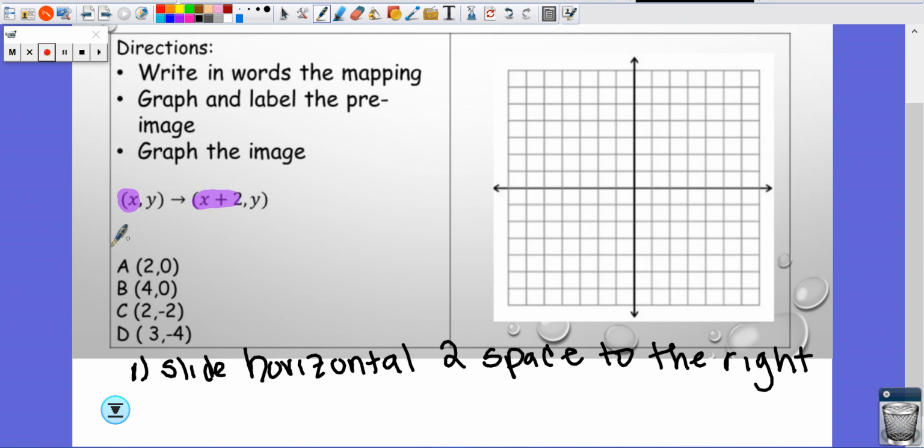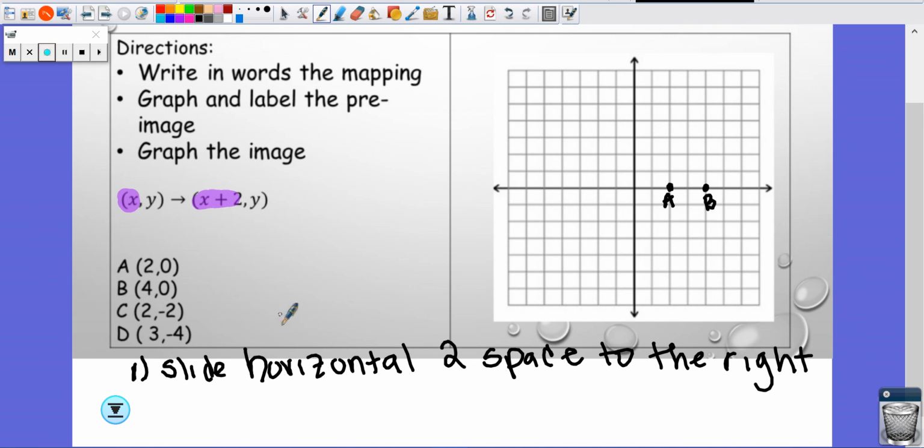Okay, and it wants me to do this for all these points. So it says graph and label the pre-image. So if I go here, I'm going to graph 2, 0. So this is 2 right here, and I'm going by ones, 2, 0. And I'm going to call that A. Then I'm going to go to 4, 0. So 2, 3, 4, 0. I'm going to call that B.